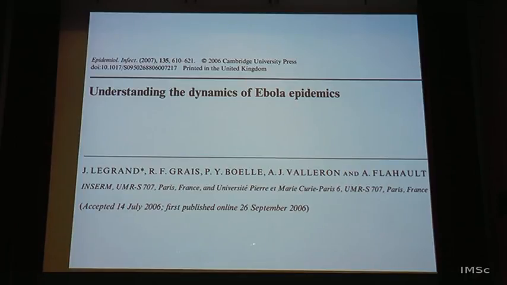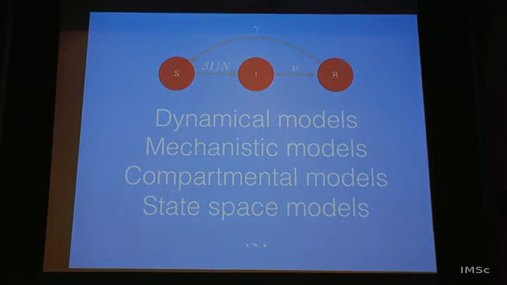When we talk about mathematical modeling, we talk about this kind of compartmental models. And there are different names for these models: dynamical models, mechanistic models, compartmental models, state space models. You might see them a lot in the literature. It's not always obvious that they are actually more or less the same thing.